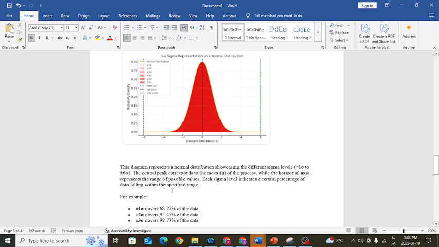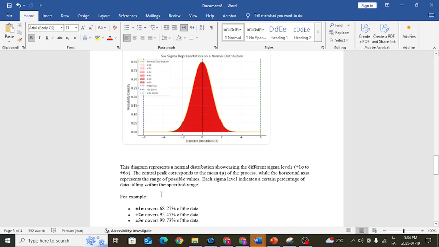The central peak corresponds to the mean of the process, while the horizontal axis represents the range of possible values. Each sigma level indicates a certain percentage of data falling within the specified range.